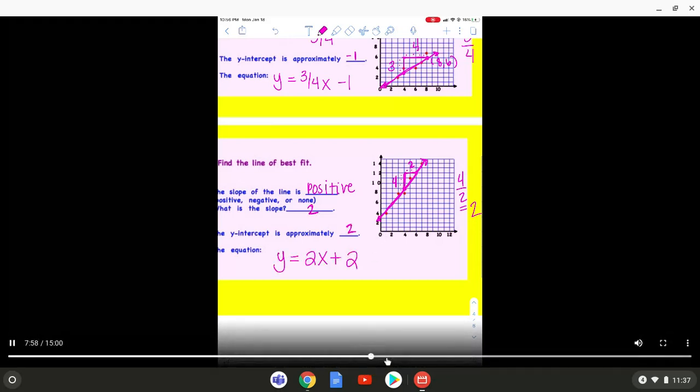And I can see that I went too far. And I can see that my y-intercept is around 2. So my equation is going to be y is equal to 2x plus 2.